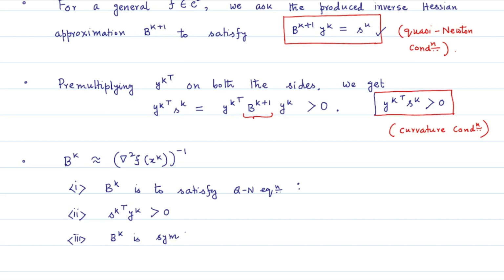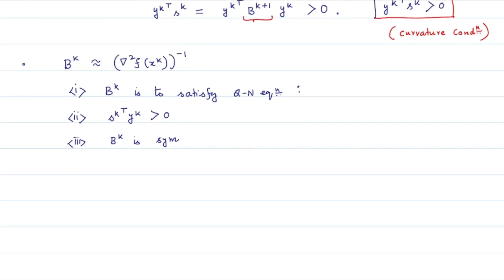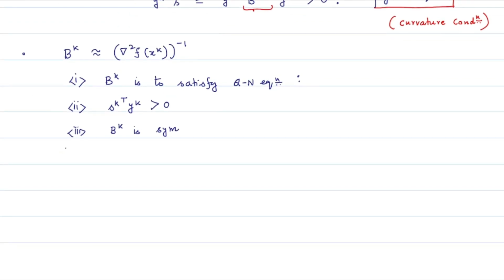And finally, to make the computation of Bk convenient, we construct Bk with the help of the previously computed Bk-1, that is the approximation of the Hessian inverse at the point xk-1 in the previous iterate.